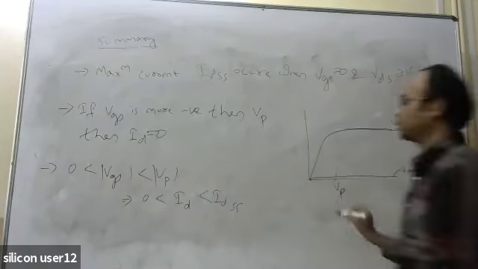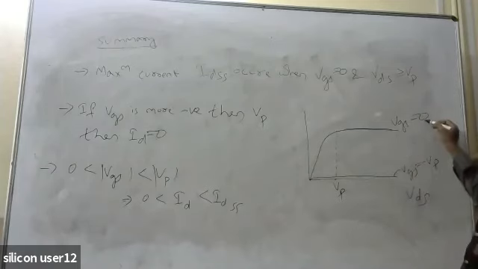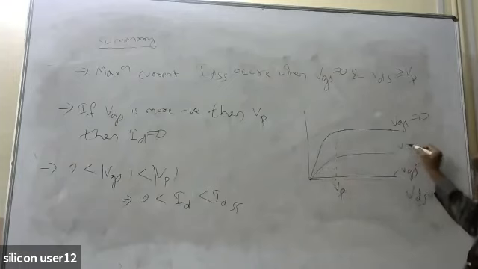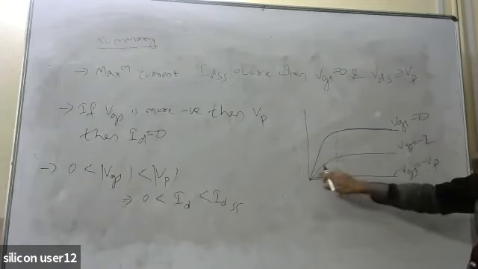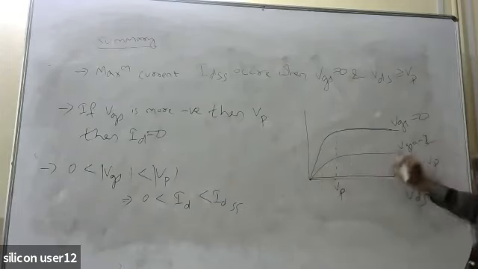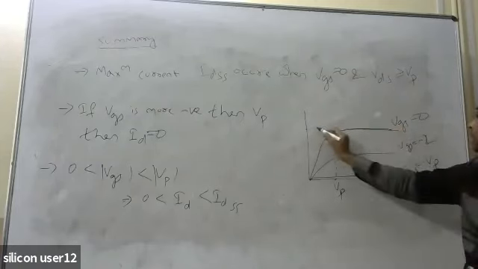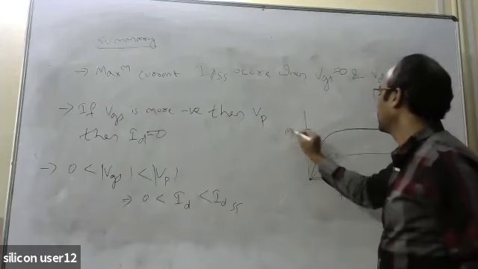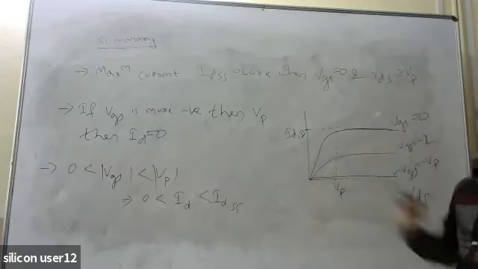Suppose you take any VGS value between 0 and VP, let us say this was 0 and this is minus 4. If you take VGS equal to minus 1 or minus 2, whatever value between 0 and minus 4, then any possible drain current for this VGS will be somewhere between 0 and IDSS, because the maximum drain current can be IDSS, and the minimum current can be 0.